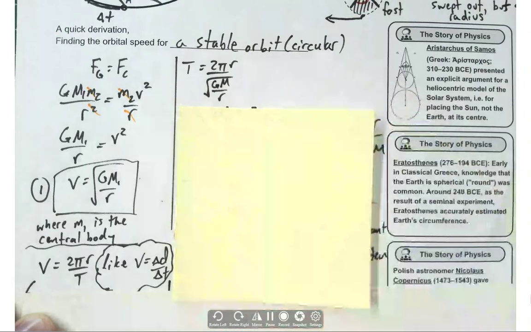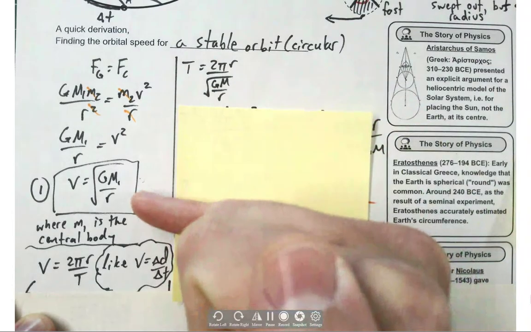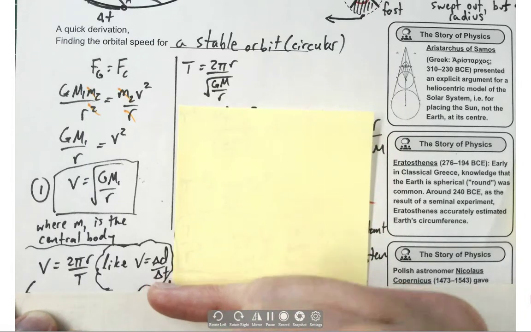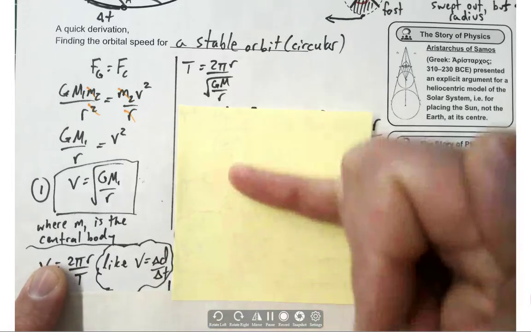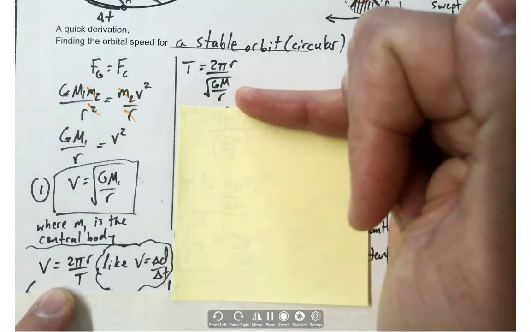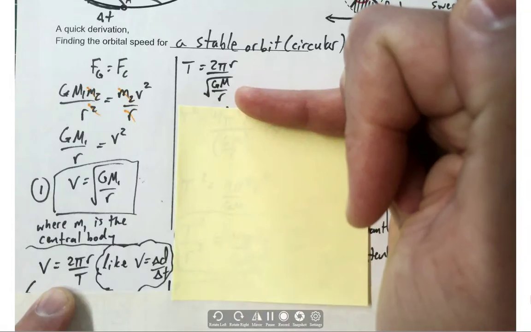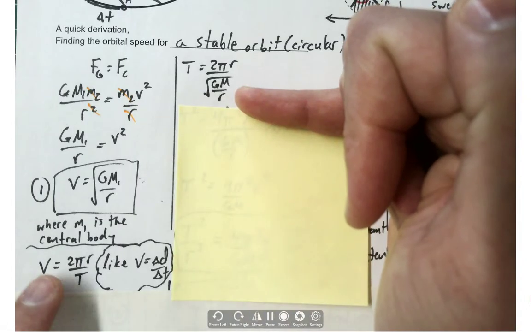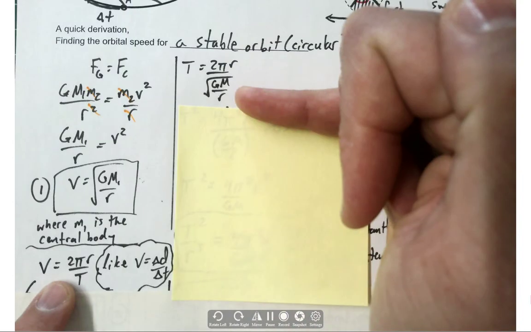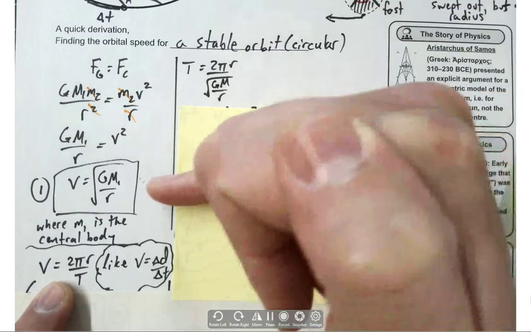And it looks like if I have an expression for v and I have an expression for v, I can mash these things together. And I would end up getting an expression for period in terms of 2 pi r and the square root of gm over r. Notice that with the equation I'm pointing at right now, I've just cross-multiplied period and speed, and then subbed in equation 1 for the speed value.